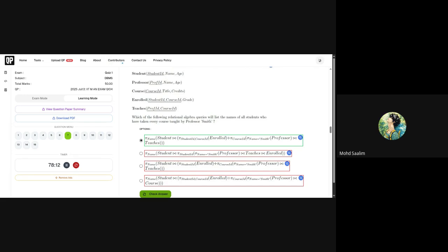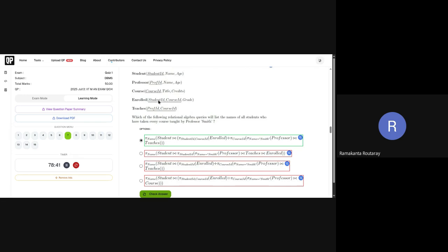Not after that, it is the collective natural join between all three of them, right? If this bracket was not there, that would be right. No, it is just for selection, right? We are doing all three of them together. So professor is being related to the teachers based on professor ID, and enrolled.